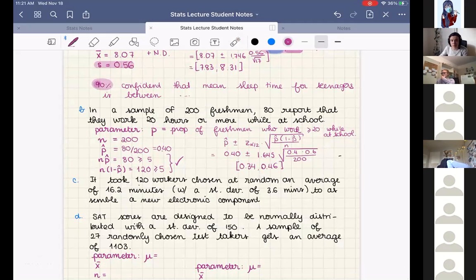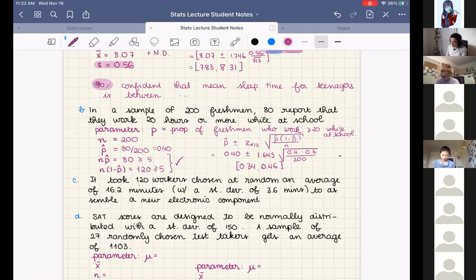Okay, so this is your 90% confidence interval. Once again, if you were to interpret it, you would have that you're 90% confident that the proportion of freshmen who work over 20 hours a week while they're at school is between 34% and 46%.